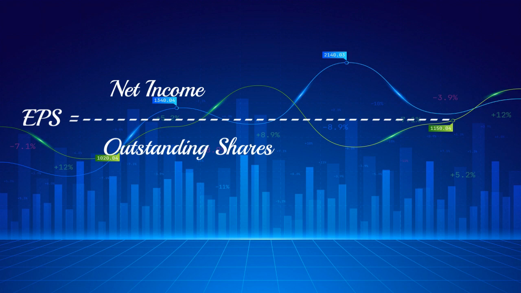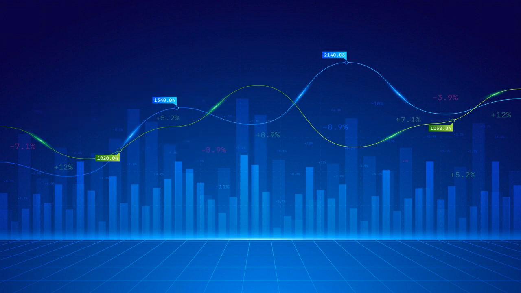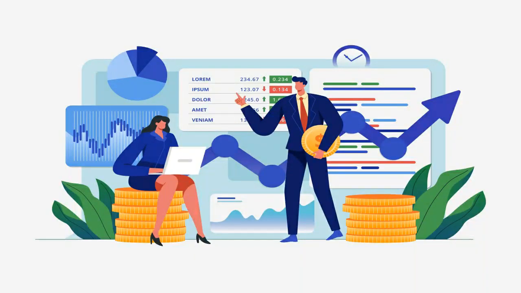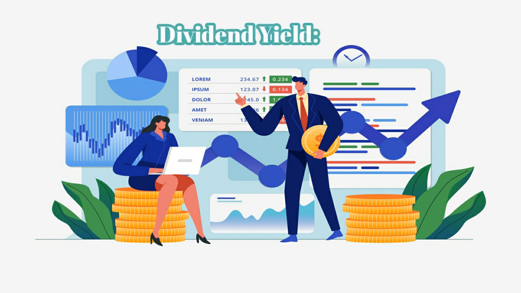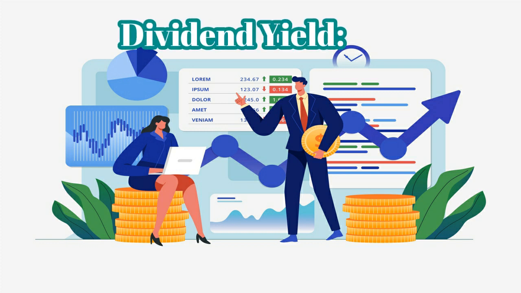This can be attractive to investors because it suggests potential for share price appreciation and higher dividend payouts. However, it's important to consider other factors alongside EPS, as a high EPS alone doesn't guarantee a good investment.